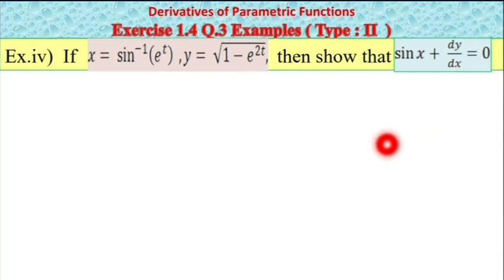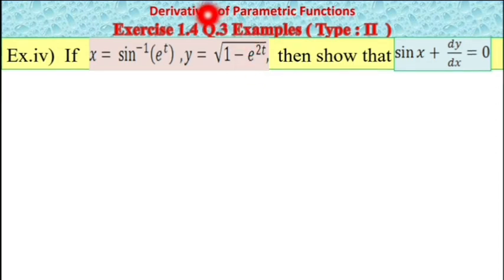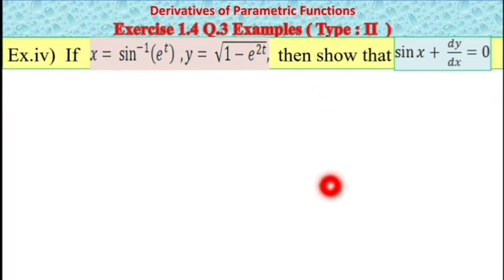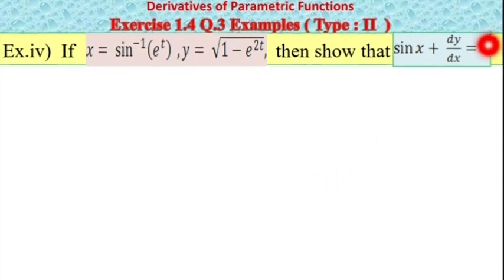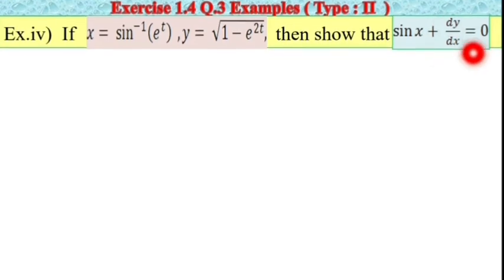Same procedure. Firstly take the derivative of y with respect to t, then find the derivative of x with respect to t, and by the theorem of derivatives of parametric functions we get dy by dx, and then substitute this value in this equation, then we get sin x plus dy by dx equal to 0.